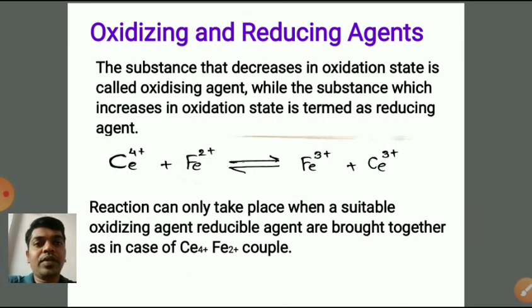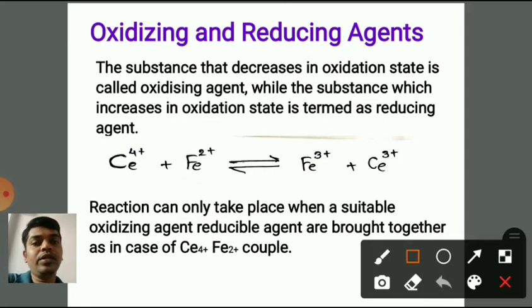Now let's see oxidizing and reducing agents. The substance that decreases in oxidation state is called an oxidizing agent, while the substance which increases in oxidation state is termed a reducing agent. Now in this example, this cerium 4 plus is an oxidizing agent.